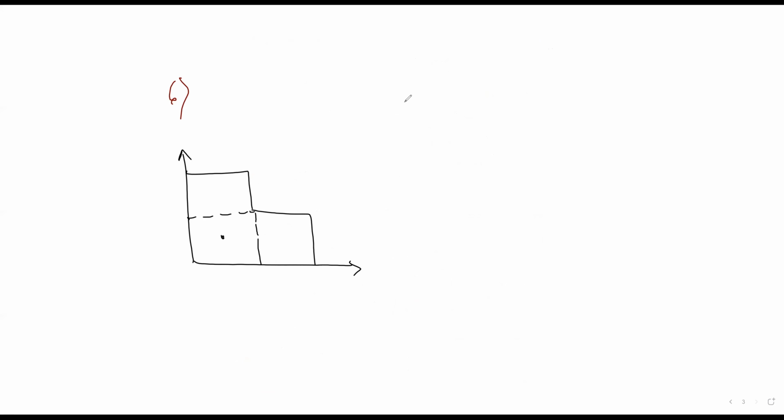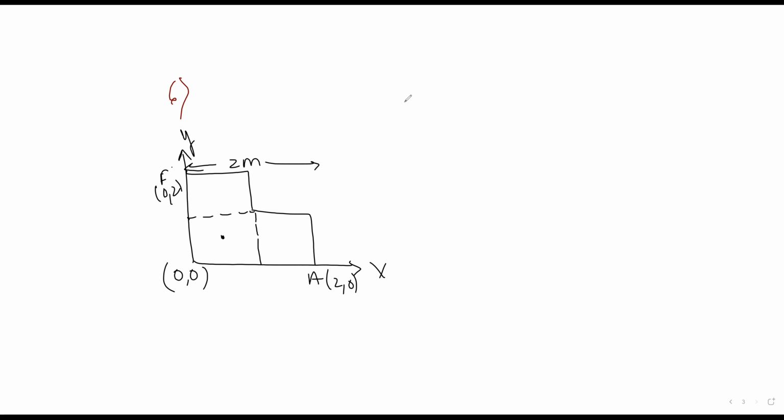So let us consider the origin point O, and this point 0, 2. This is the y-axis and this is the x-axis, and each side they have given is 2 meter. And this is the A point, coordinates are 2, 0.